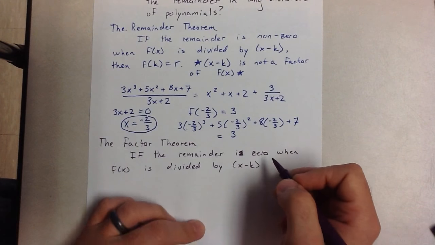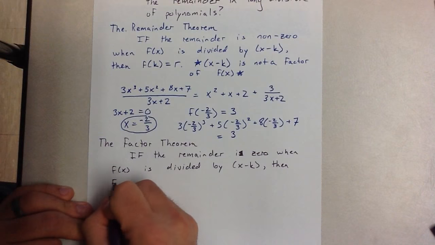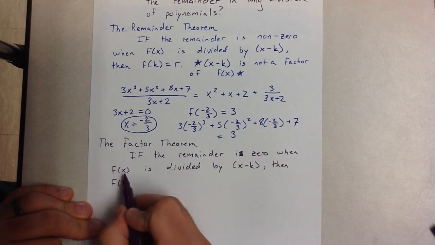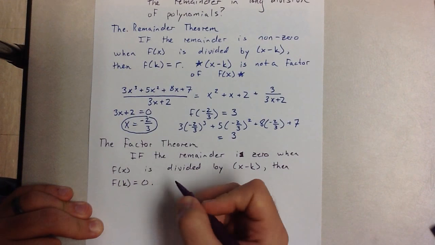If our remainder is 0, then as a result, and we said this before, whatever k is will equal the remainder. Well, the remainder was 0.